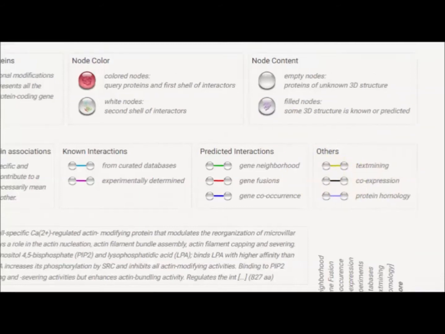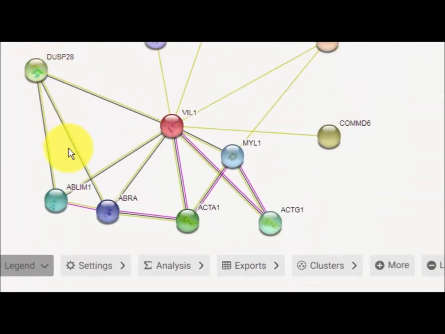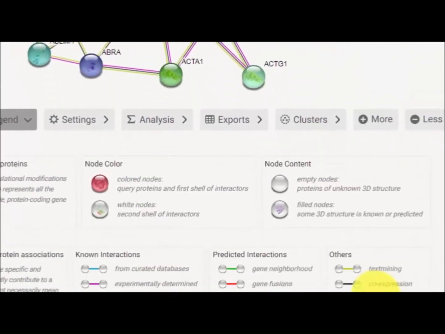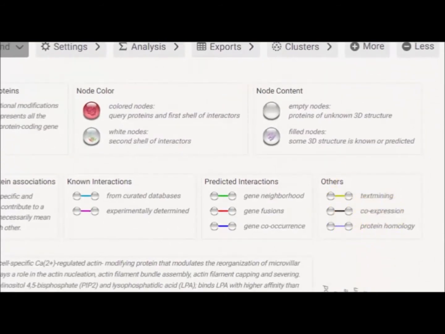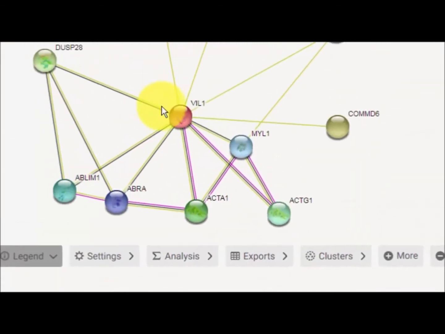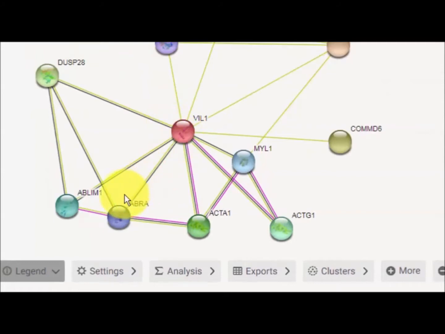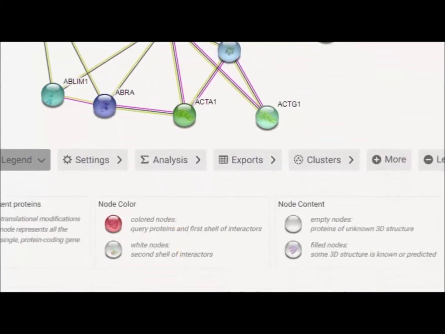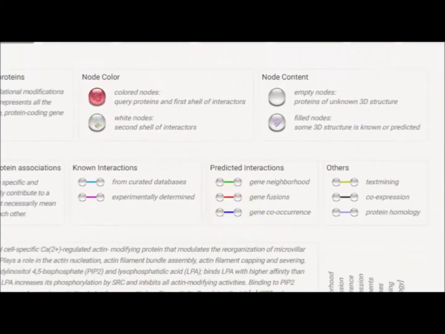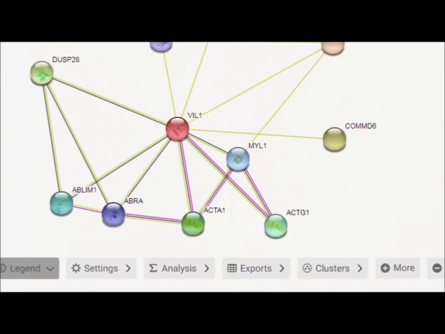And so, if there was a black line between any of these, it means that the proteins are co-expressed. So anything that is associated with a black line is co-expressed, and the fact that it also has a yellow line tells you that it comes from text mining. Anything that's red, and there aren't any reds here, but there are these interactions which are magenta, dark pink, for example, comes from experimental results.